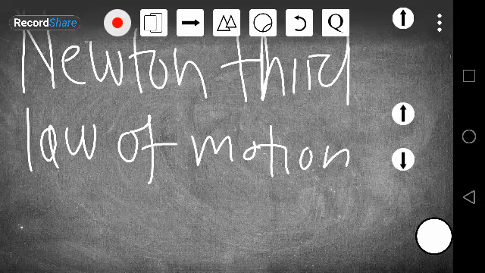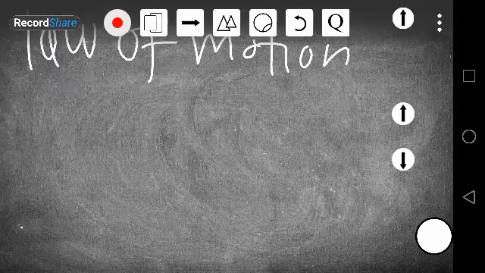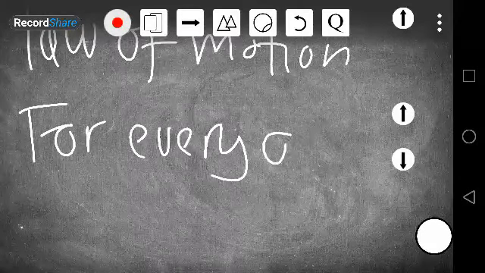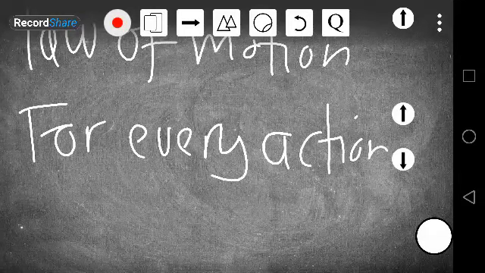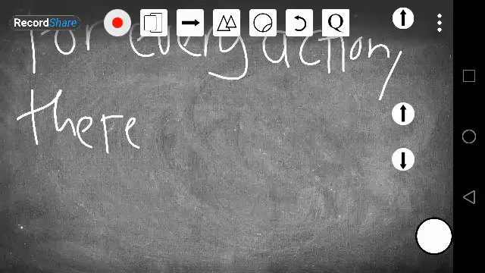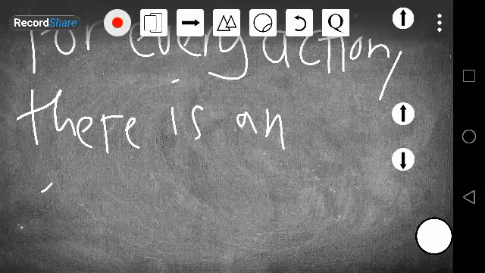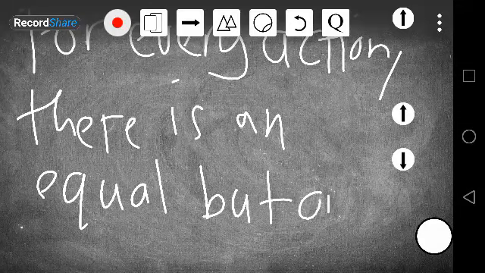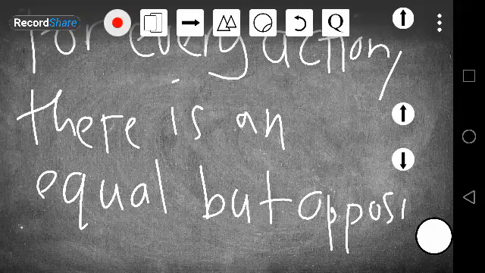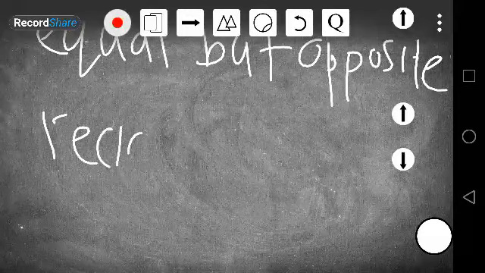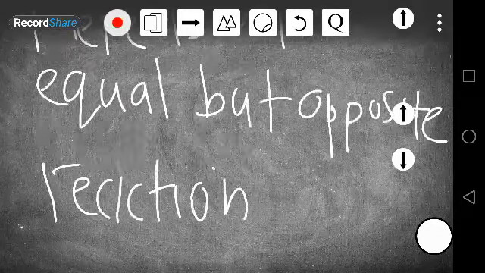Newton's third law says for every action, there is an equal but opposite reaction. For every action, there is an equal but opposite reaction.